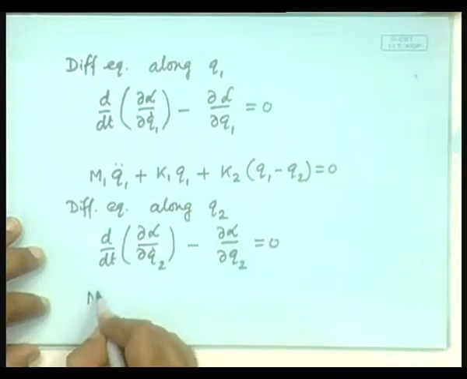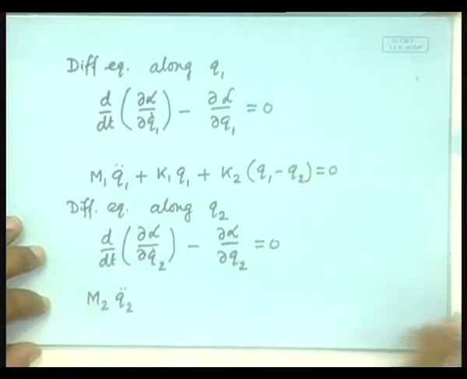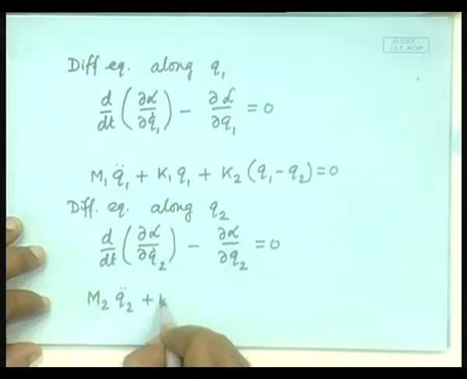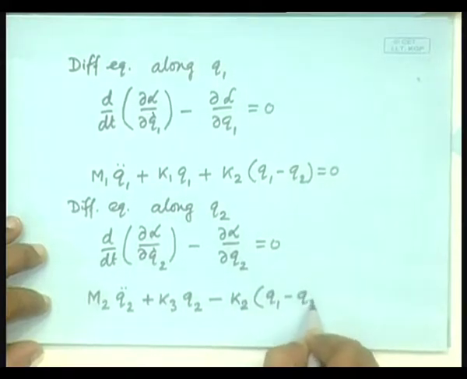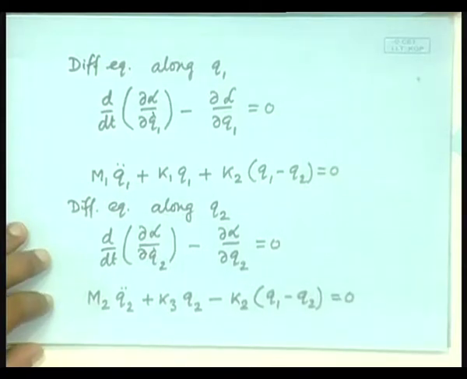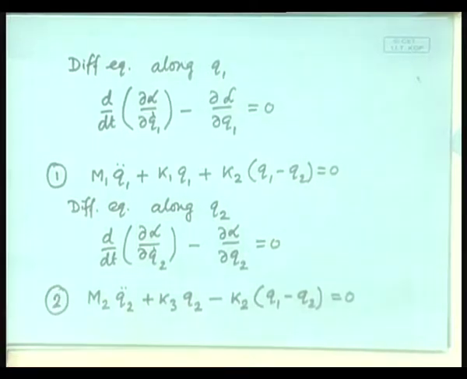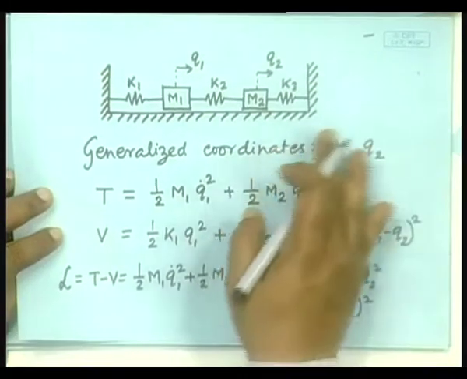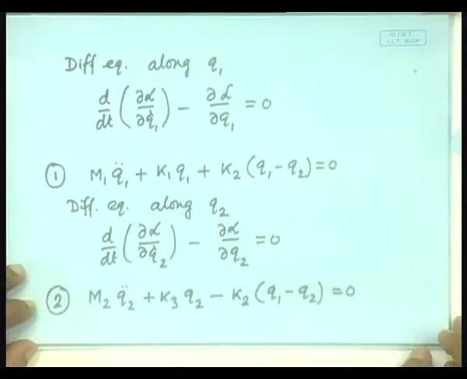Substitute, you get m2 q2 double dot plus k3 q2 minus k2 q1 minus q2. So this is the first equation and this is the second equation along two different directions. Simple, we did not have to bother about individual bodies, and you can easily see that if there were n number of bodies, still we could do the same procedure pretty simply. Clear?